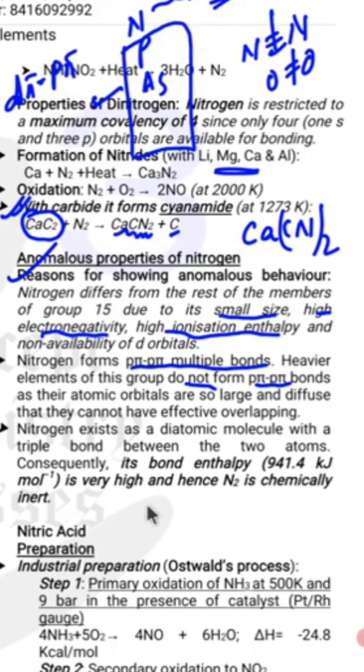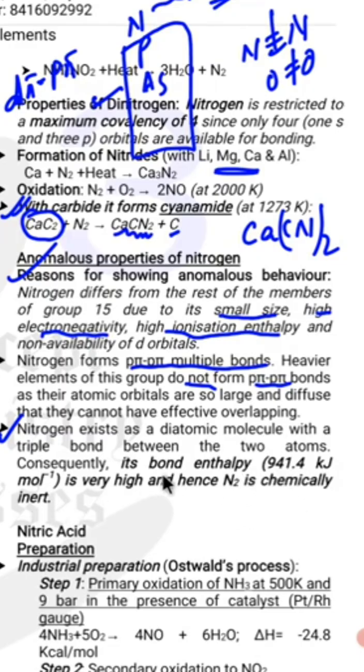Next important point is nitrogen exists as a diatomic molecule with a triple bond between the two atoms. Consequently, its bond enthalpy, or you can say bond dissociation energy, is very high, that is 941.4 kilojoule per mole, and hence nitrogen is chemically inert.